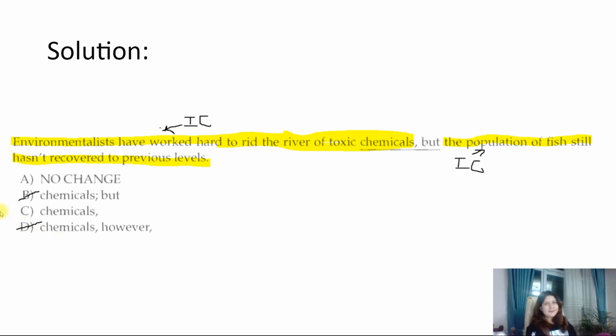I automatically eliminate answer choice B because I have a semicolon and a fanboy, and you do remember that they are enemies. I eliminate D because however is my big ugly conjunctive adverb, which should have a semicolon before, not a comma. And between A and C, I will choose A, comma, fanboy, because when I look at C, I remember this poor comma trying to connect two sentences without any help.